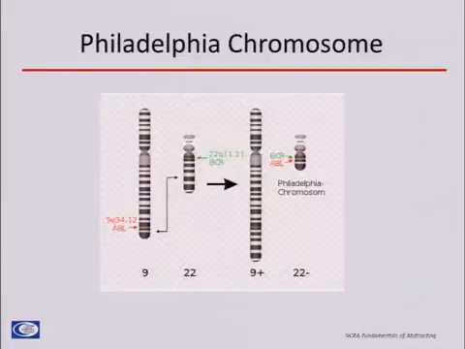So what happens here is on chromosome 9 and chromosome 22, this ABL part clips off. This BCR part clips off. So this is now missing that. And the Philadelphia chromosome is created by combining the BCR and ABL parts from two other chromosomes. That's why it's so clearly diagnostic, because you don't get this Philadelphia chromosome any other way.